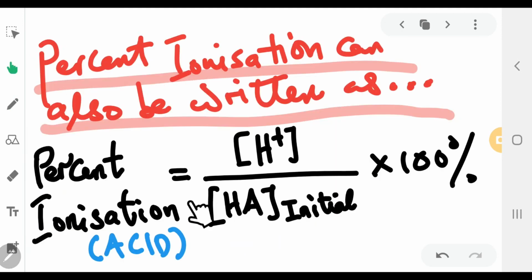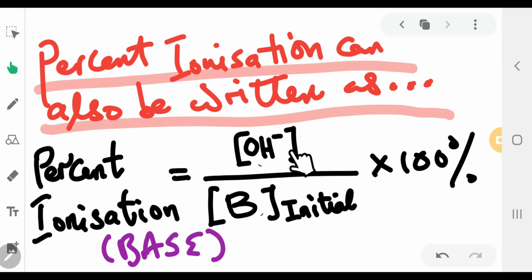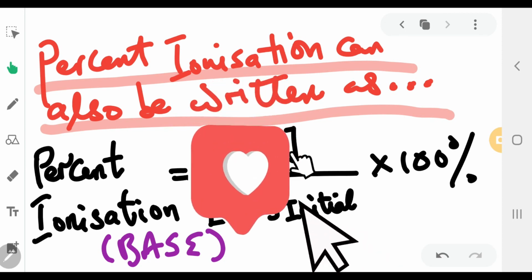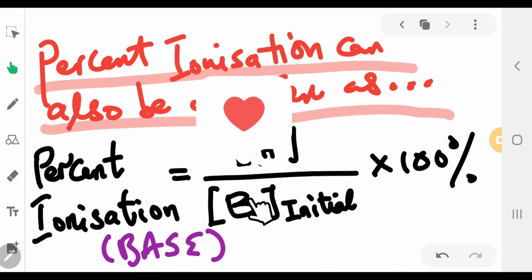Another way of writing the percentage of ionization is like this, where you take the concentration of H+ over the initial concentration of the acid times 100%, and this is the percent ionization for acids. And for base, it's just the concentration of OH minus over the concentration of the base.